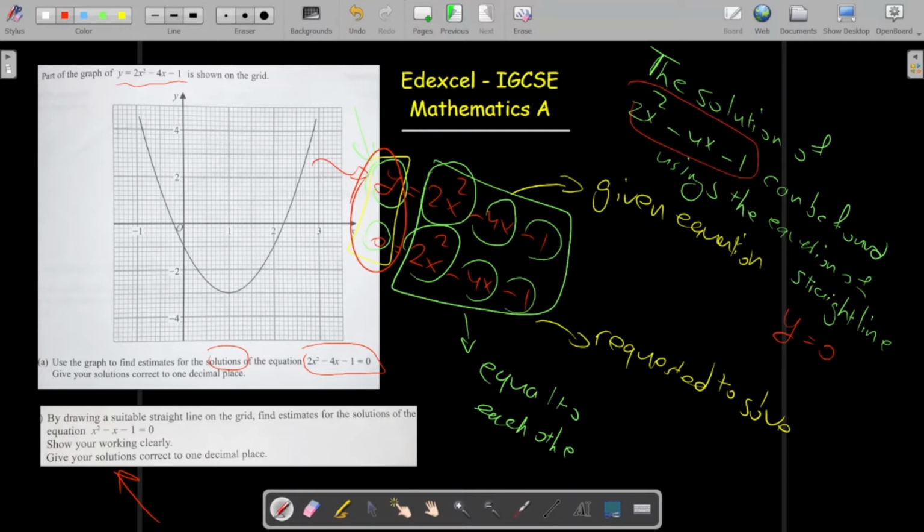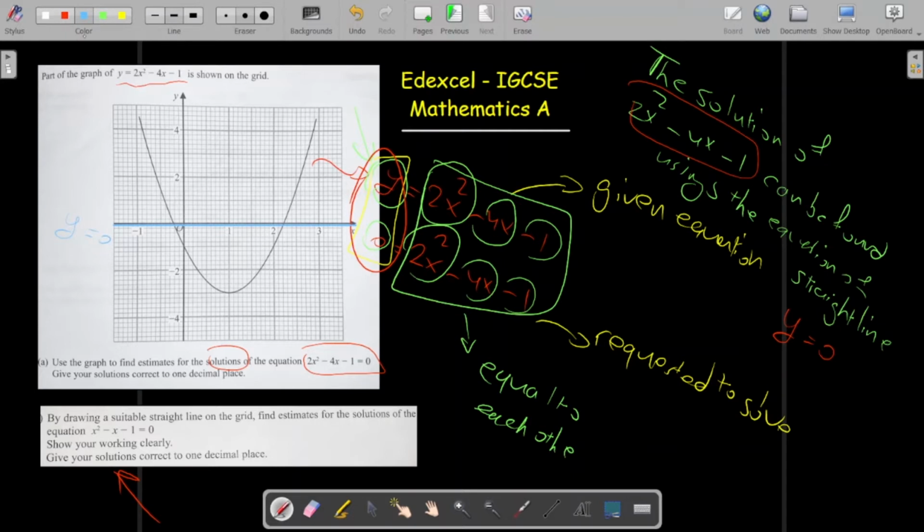But how can you do it? First of all, when you look at the graph, what does y equals 0 mean? From our study of graphs and our basic understanding, I know that the x-axis can be represented as y equals 0.